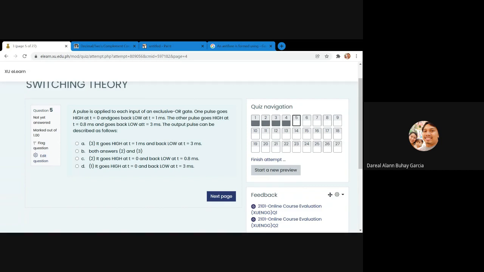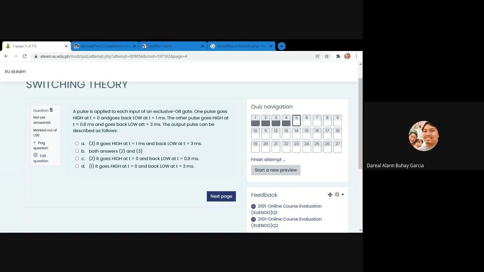A pulse is applied to each input of an XOR. One pulse goes high at 0, back low at 1 millisecond. The other pulse goes high at 0.8 and goes low at 3.